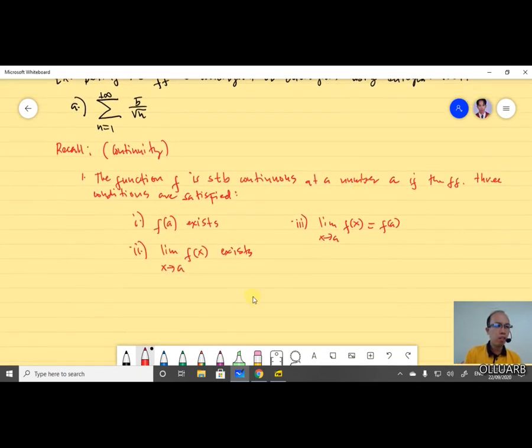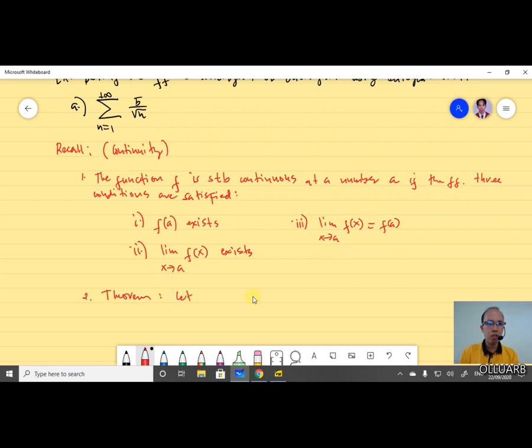The second thing that you are going to remember, let me correct, is not a definition, it's a theorem in your Calculus 1. I don't know if you remember this theorem.